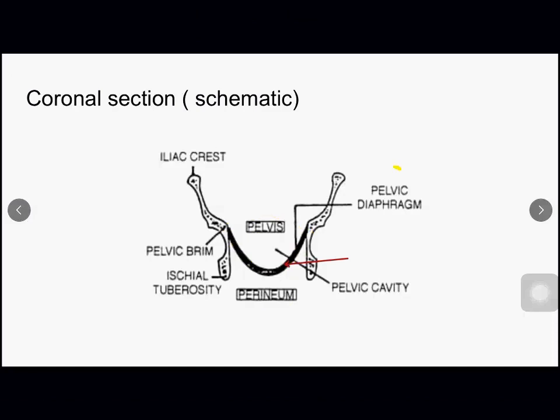What is this black sheet? It is your pelvic diaphragm. Just like your thoracoabdominal diaphragm separates your thoracic cavity from your abdominal cavity, this pelvic diaphragm separates the pelvic cavity above from the perineum below. This is to give you an orientation about the location of the perineum.